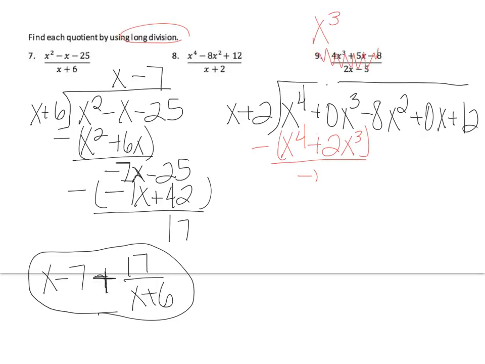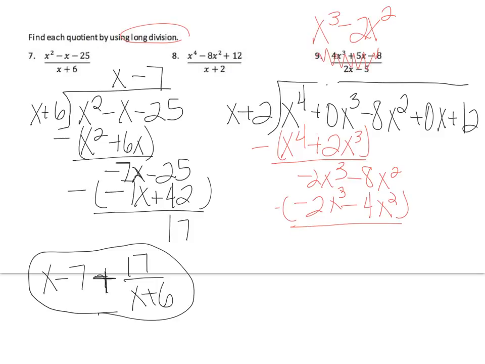Subtract. I need a negative 2x squared, because this is a 3. Negative 2x to the 3rd power minus 4x squared. 8, negative 8 plus 4 would be negative 4.